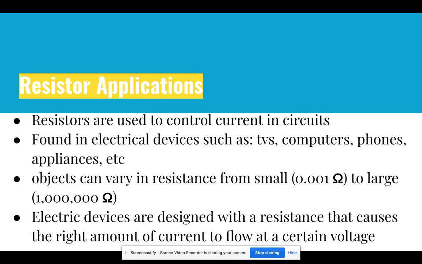Their plugs are also shaped different than ours, so you have to get a special adapter to plug ours into theirs, and it adjusts the voltage so that when you plug in your electrical device that you brought from America, the voltage going into it would still be 120.